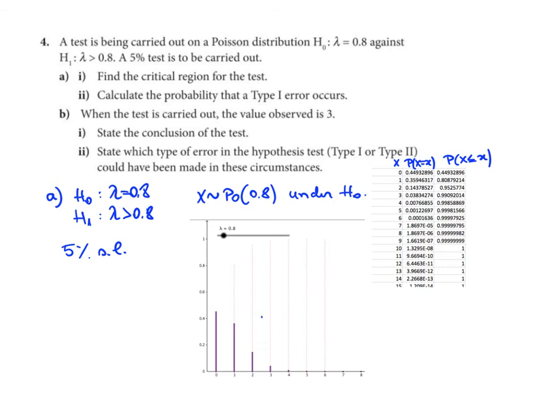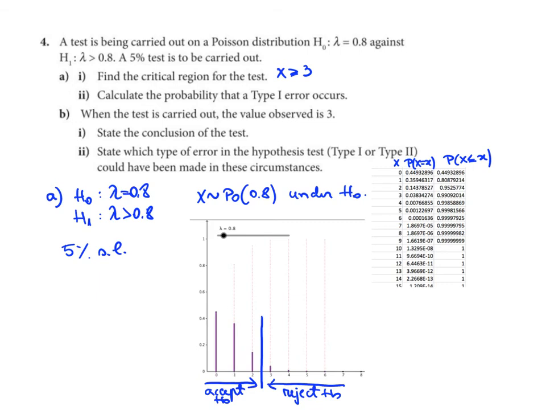So our border for the critical region will be between 2 and 3. Therefore, in this area we will reject H0, and here we will accept H0. So the critical region will consist of values x bigger or equal than 3.